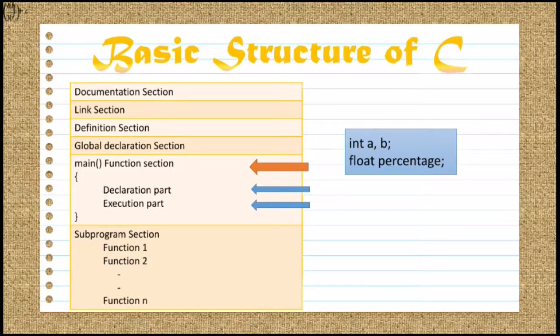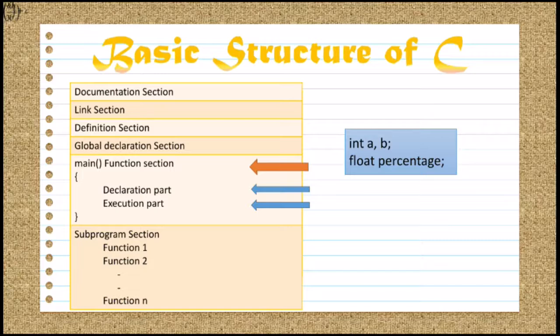The second part is the execution part. There is at least one statement in the executable part. Here all the processing part, or you can say calculation part, is executed. These two parts must appear between the opening and the closing braces, that is flower brackets, opening flower bracket and closing flower bracket.